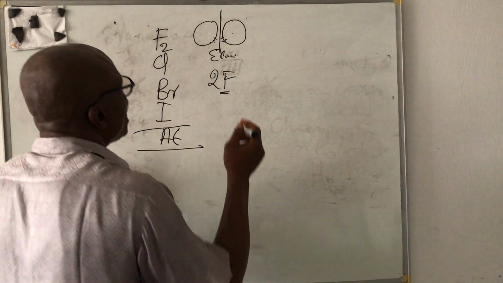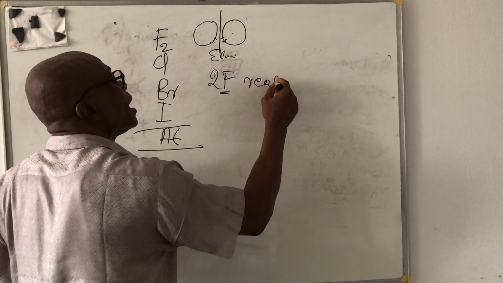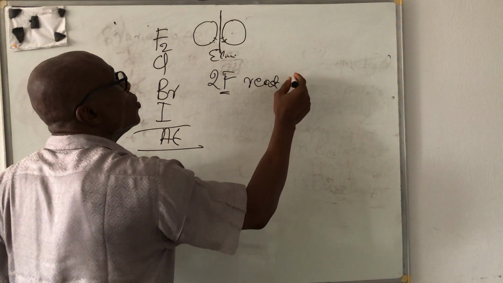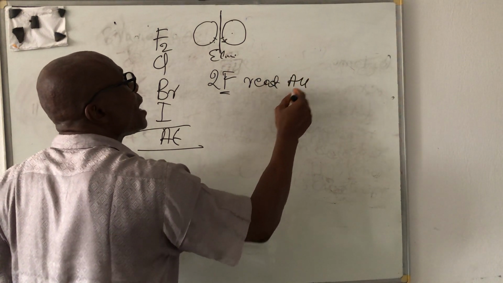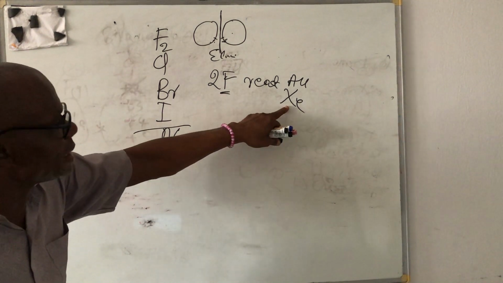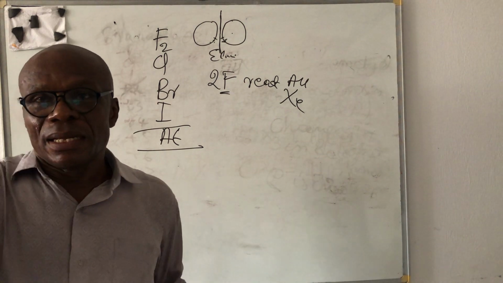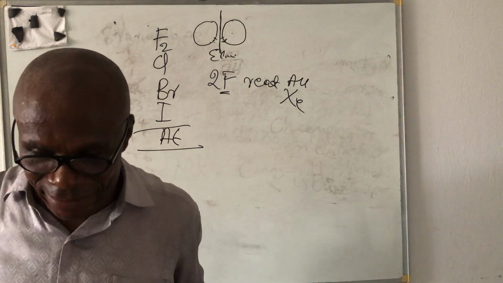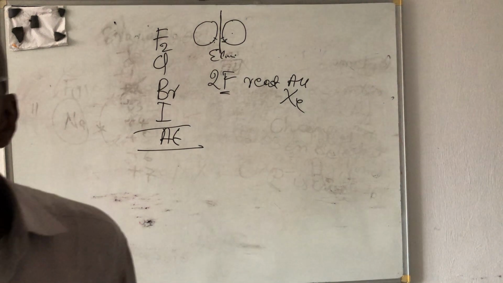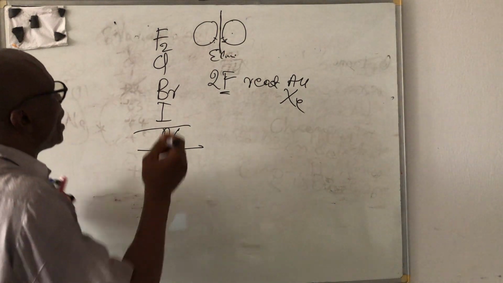So much so that it can even react with gold. It can react with xenon. Remember, xenon is a noble gas, supposed to be inert. It shouldn't react. But fluorine can.